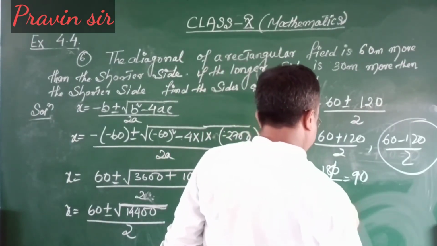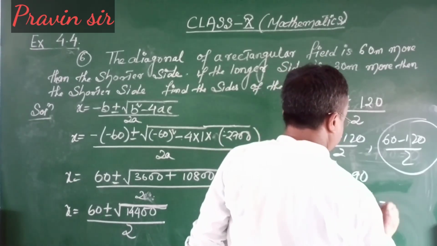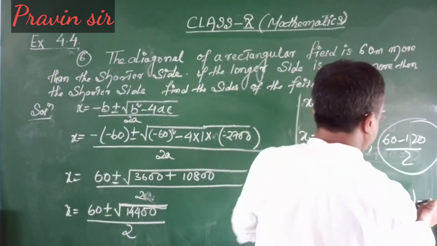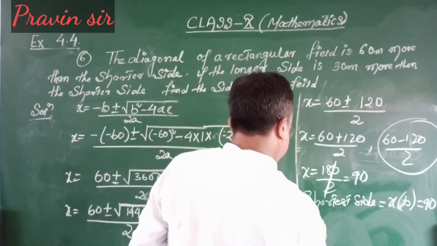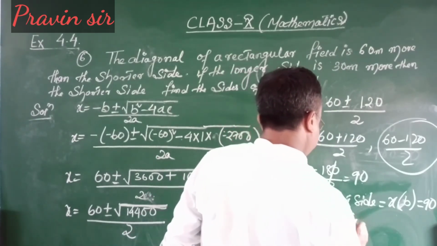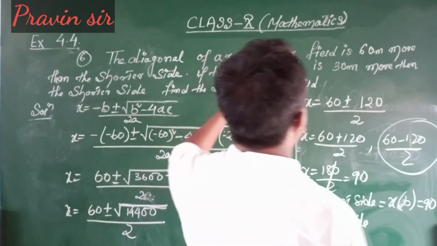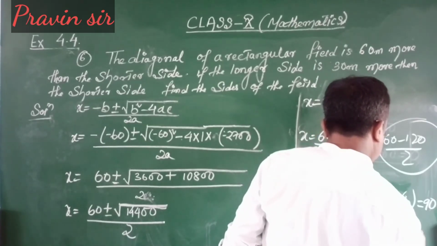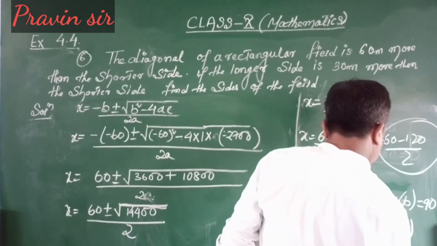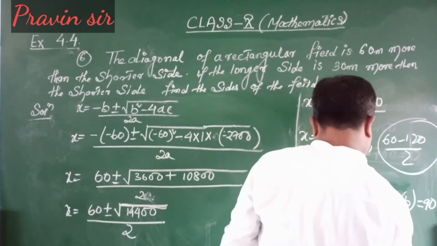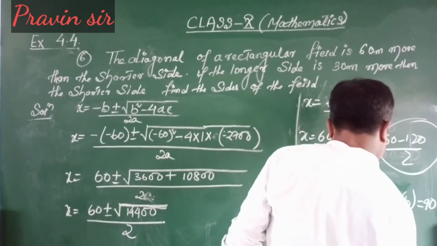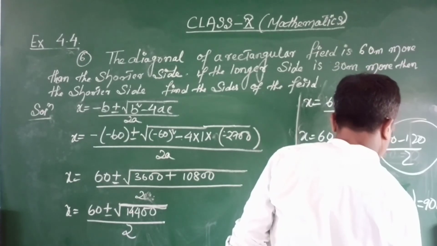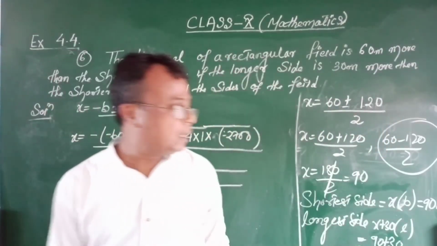So the shortest side is 90 meters, and the longest side we supposed as x plus 30, so 90 plus 30 is equal to 120 meters. Okay, so that's all for today.